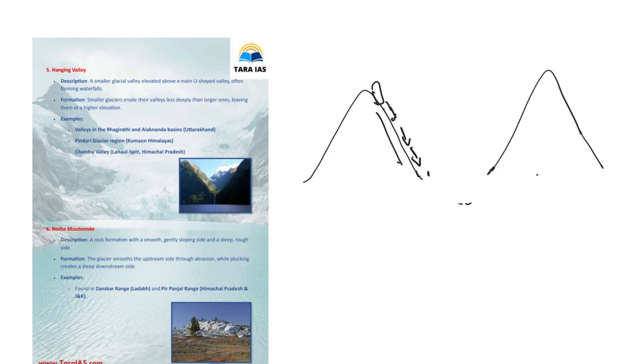Like this, a U-shaped valley forms between two mountains, and this is a steep valley. Fine.